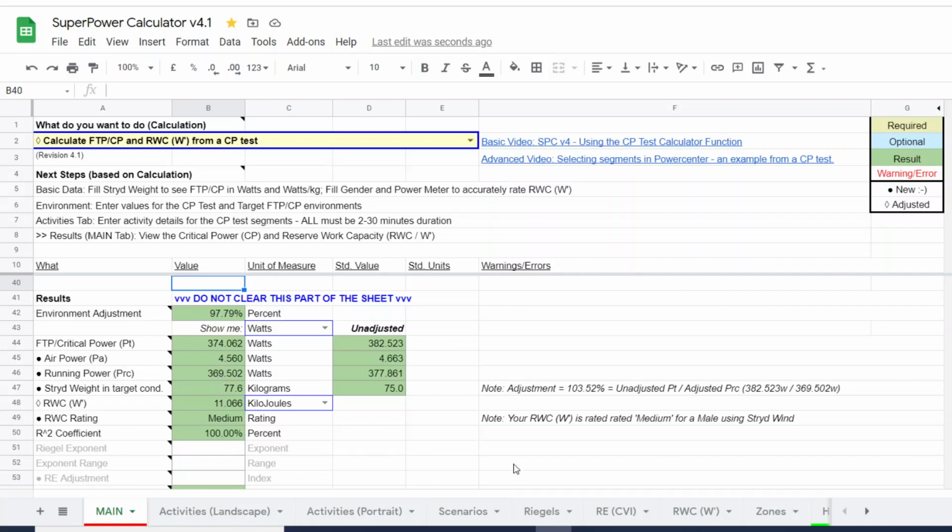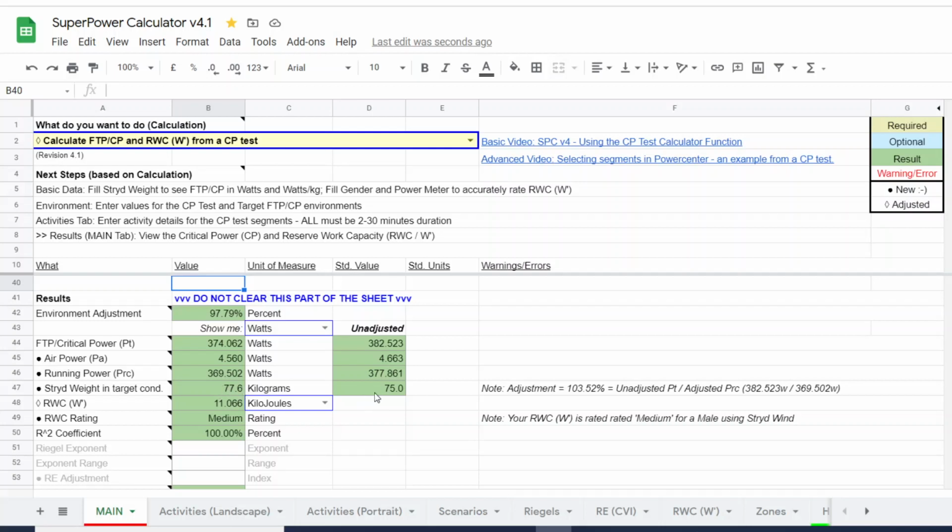So pretty significant drop. Actually, that's about a 3.5% drop. So what the calculator does is it calculates the treadmill weight setting to account for all those variables: loss of air power, higher temperature, higher humidity.